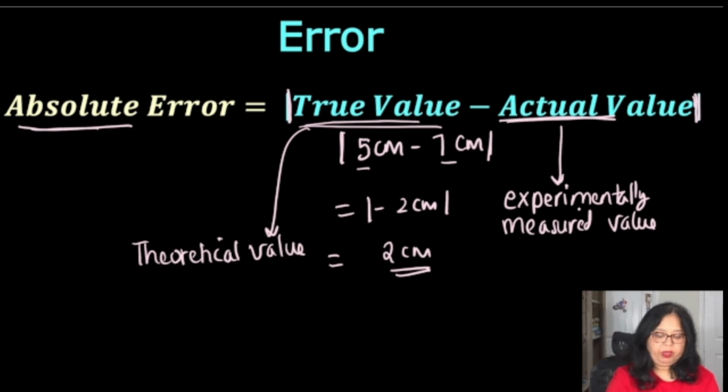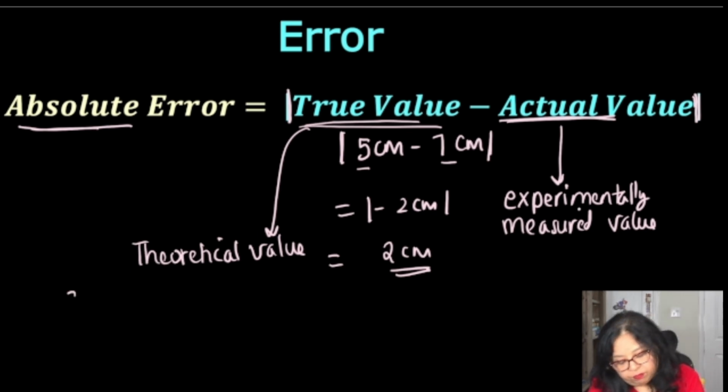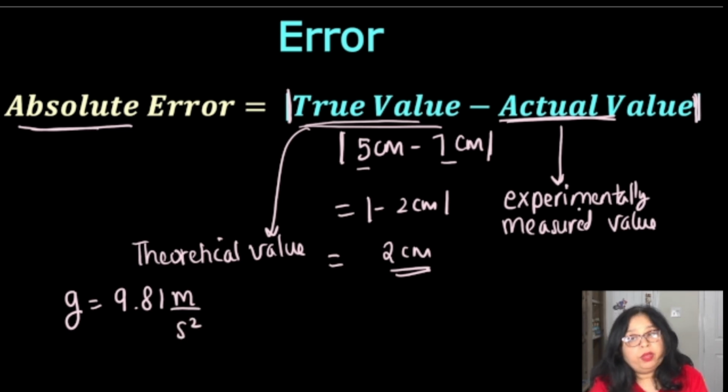For example, if you perform an experiment to determine the value of acceleration due to gravity g on Earth, near the surface of Earth, we know that this value should be 9.81 meters per second square. So this is the theoretical value. This is the true value or the theoretical value.